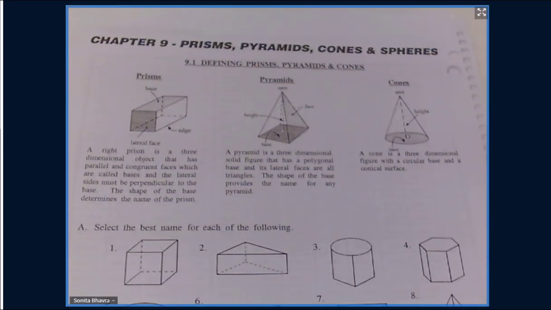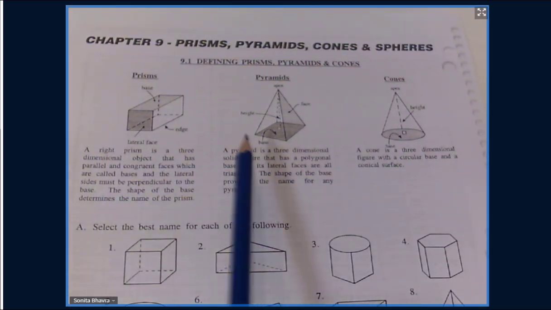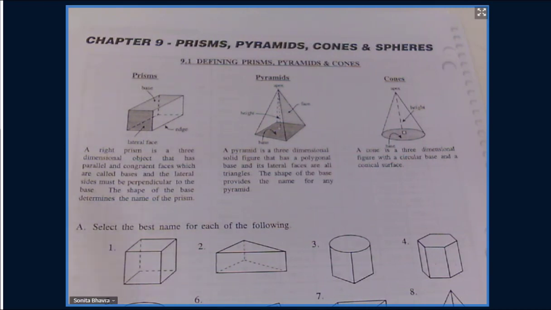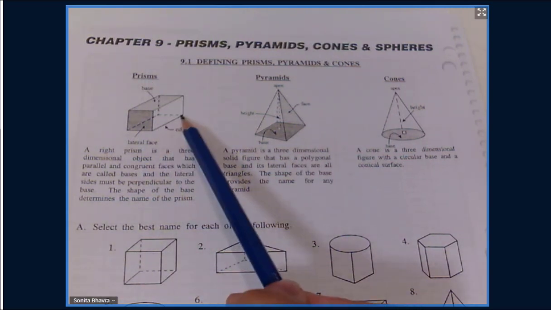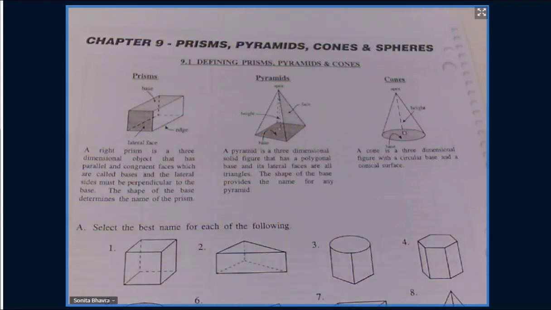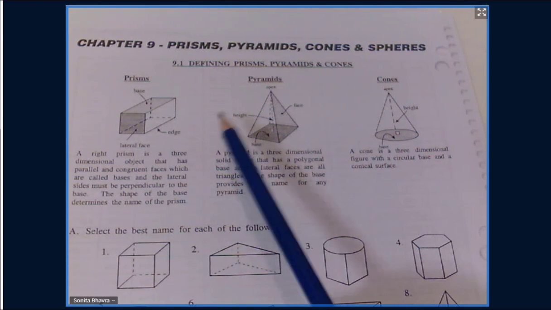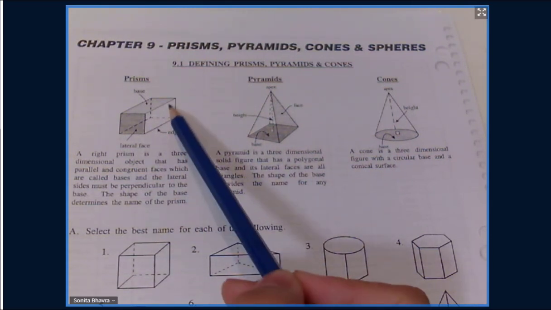All right, next is looking at a pyramid. So just looking at some of the definitions. Again, I forgot to mention edges are all the straight lines like so. Those are called the edges. Here, like I said, these are also faces.